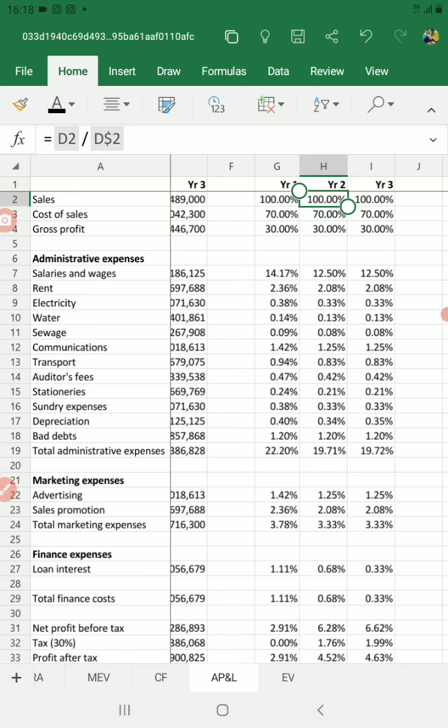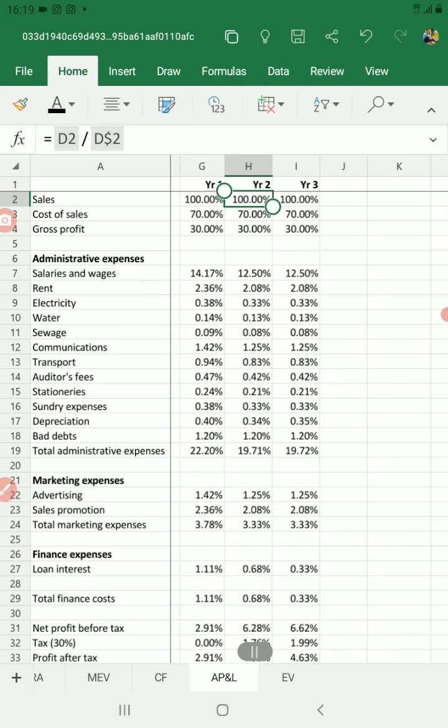Now horizontal analysis compares the performance between the periods. So it's a trend analysis, and we are going to do that one now. We will use two ways of doing that.